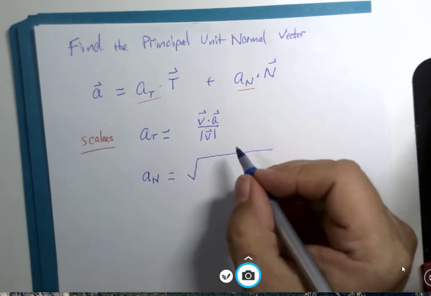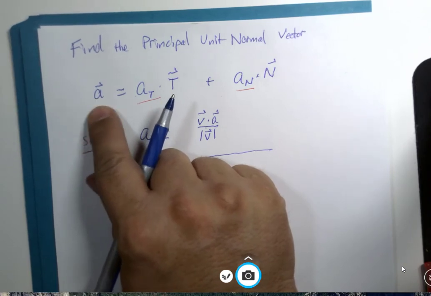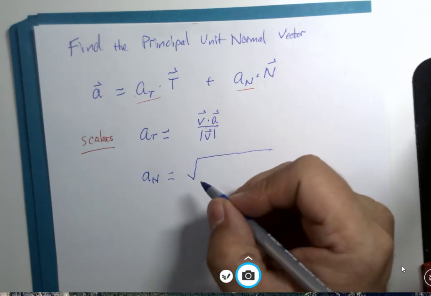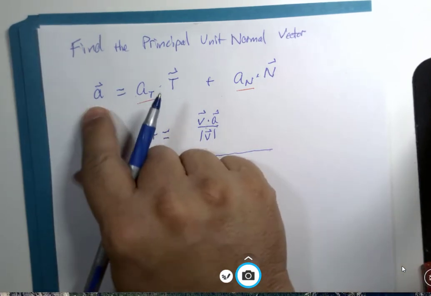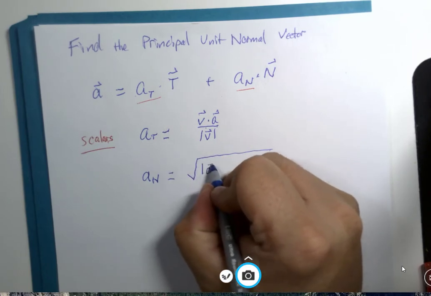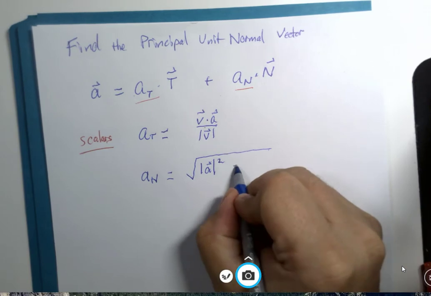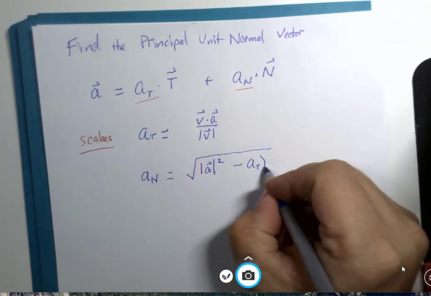It says if you were to calculate the acceleration, which will be an easy calculation, it's just the second derivative of the original position. If you were to find the magnitude of that vector and square it, and subtract this other scalar a sub t squared.